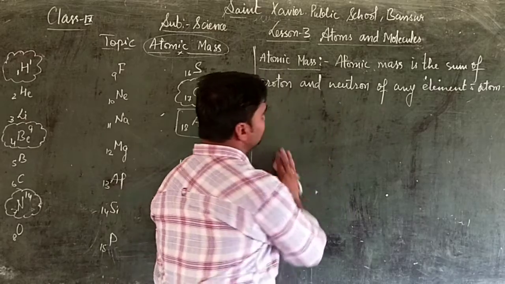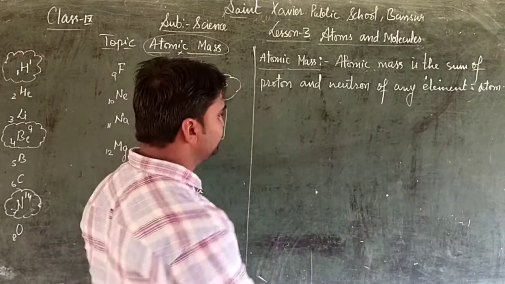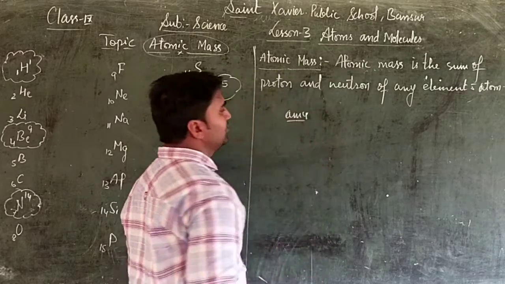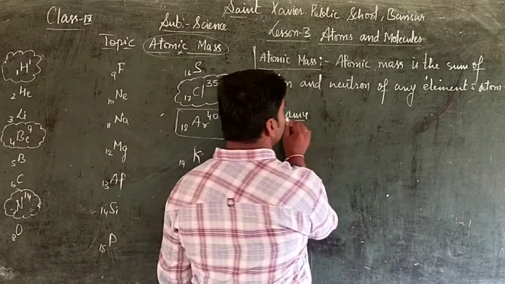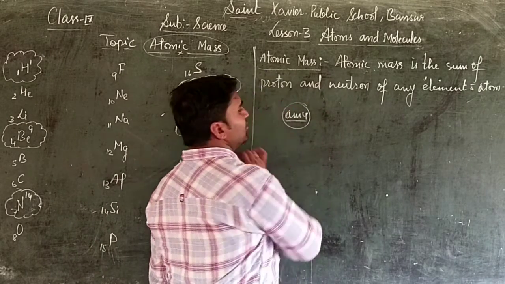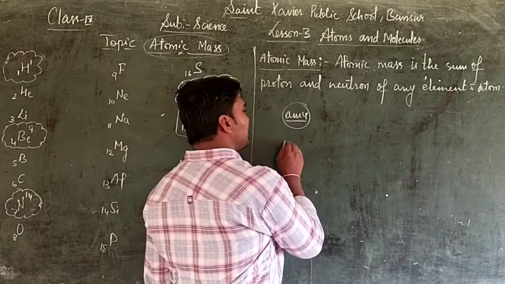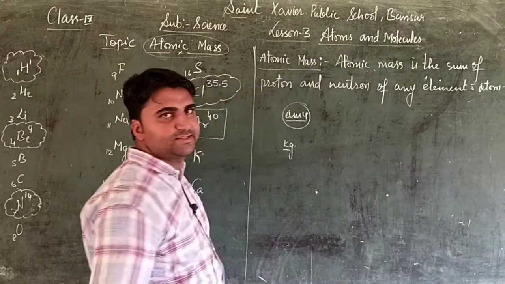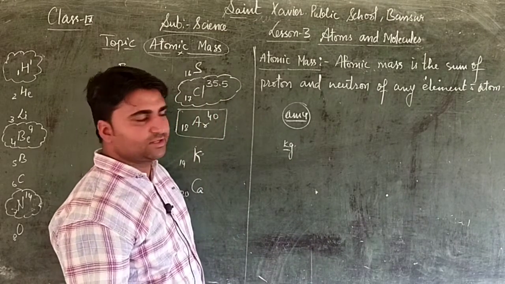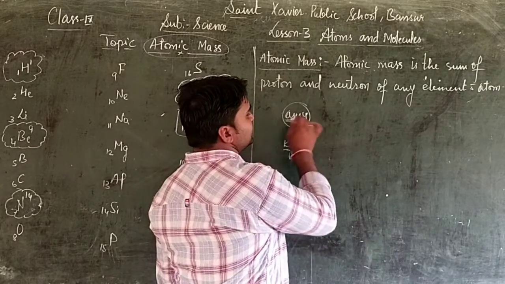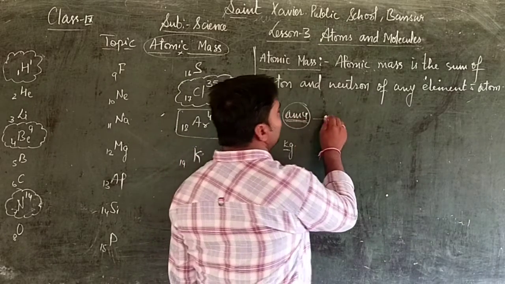This atomic mass is measured in AMU. This is the unit for measuring atomic mass. Like we measure solids in kg and liquids in liters or kiloliters, in this way we measure atomic mass in AMU.